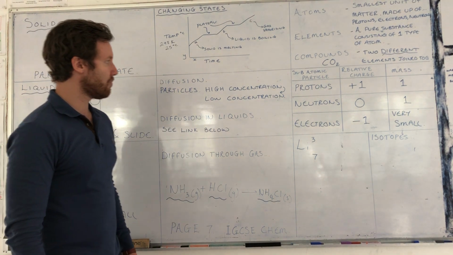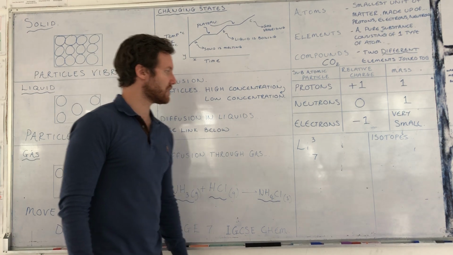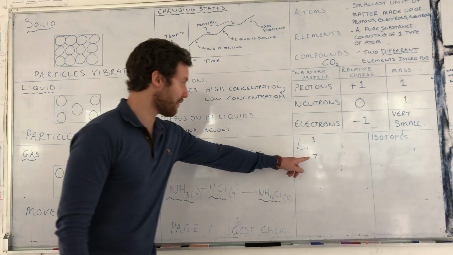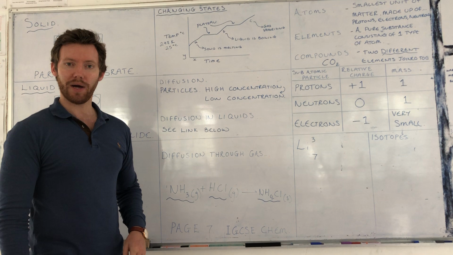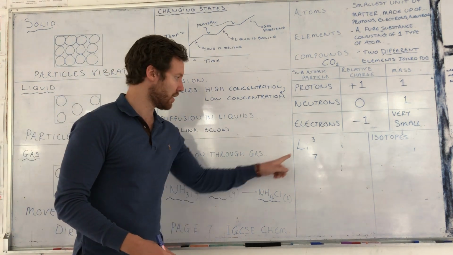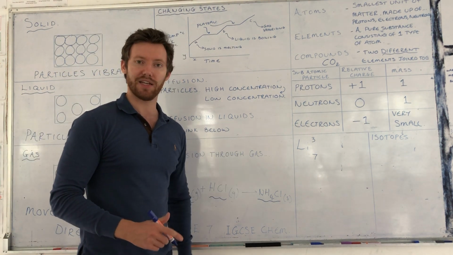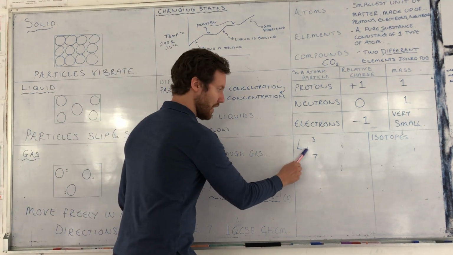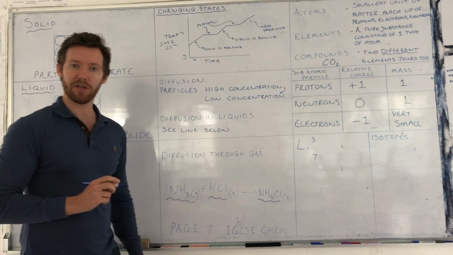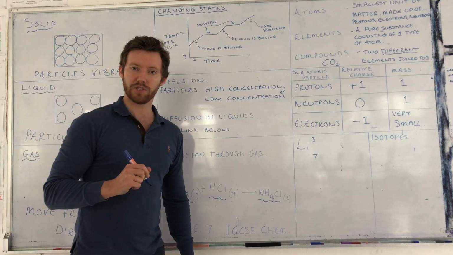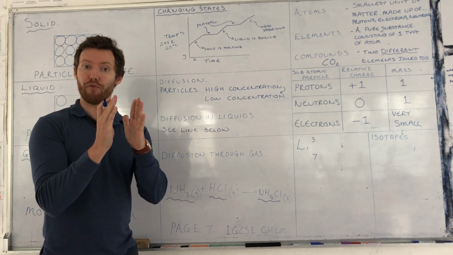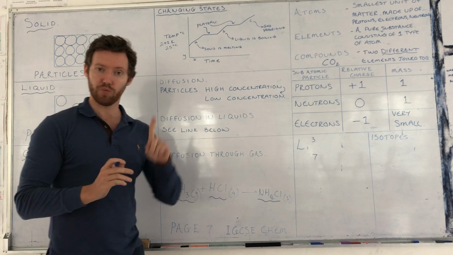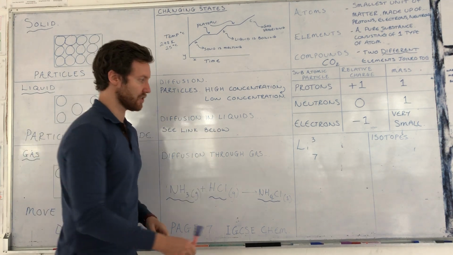Atoms, elements, compounds, subatomic particles, relative charge, relative mass. I've given an example here. If you have your periodic table in front of you, please get it out and find lithium. You will see that we have Li, it's a chemical symbol. Every element within the periodic table is abbreviated, okay? It has one letter or two letters.